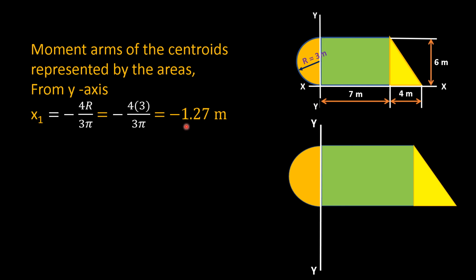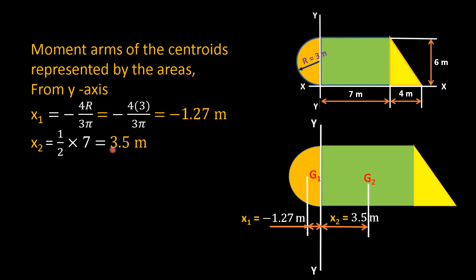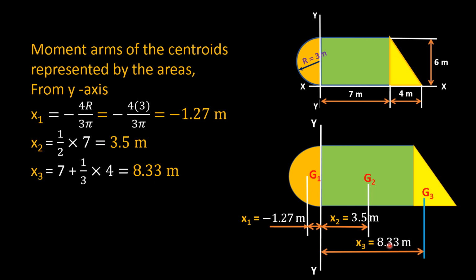Here x1 is negative because this distance is on the left side of y-axis. x2 equals half multiplied by 7, which is 3.5 meter. x3 equals 7 plus 1/3 multiplied by 4, which is 8.33 meter. So this is x3.